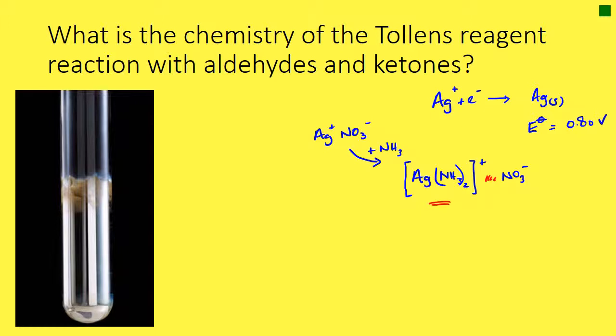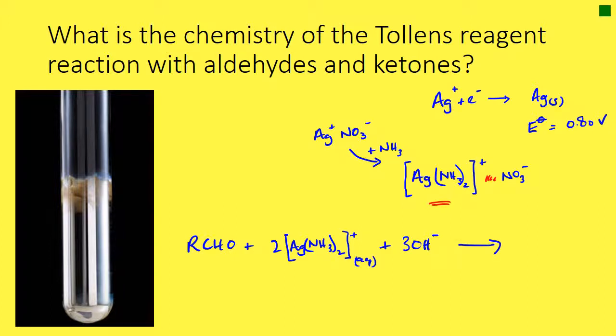And the reaction that is involved is, starting off with our aldehyde, let's write our aldehyde like this, and then we're going to add some Tollens reagent to it. So we've got our Ag(NH3)2 all in a 1+ complex, and we need 2 of them, and we also need to do that in alkaline solution.